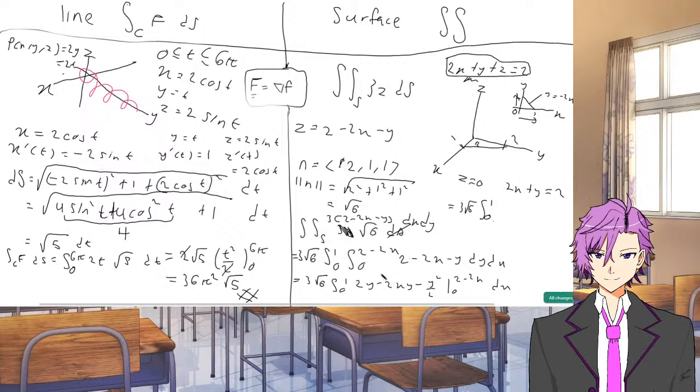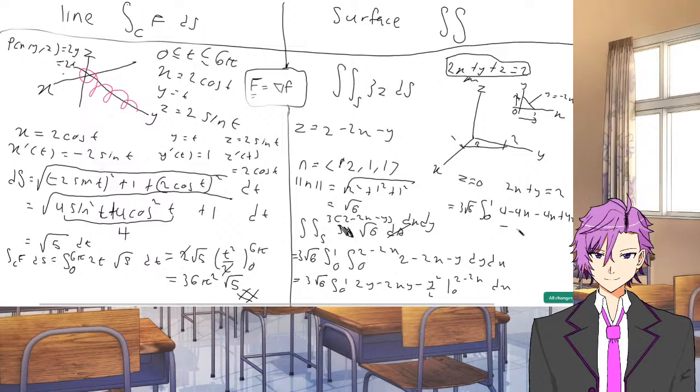Let's just immediately multiply this: 4 minus 4x minus 2xy, but this is y, so 4x plus 4x squared minus 4x plus 4x squared.